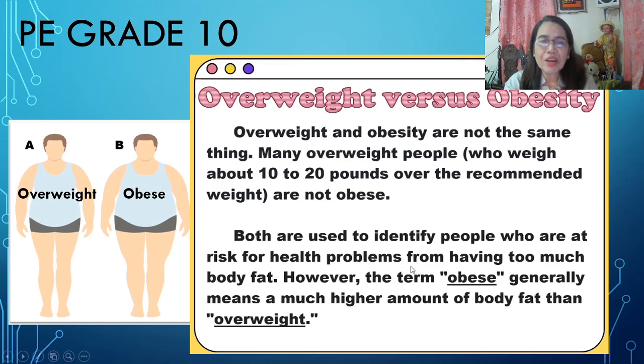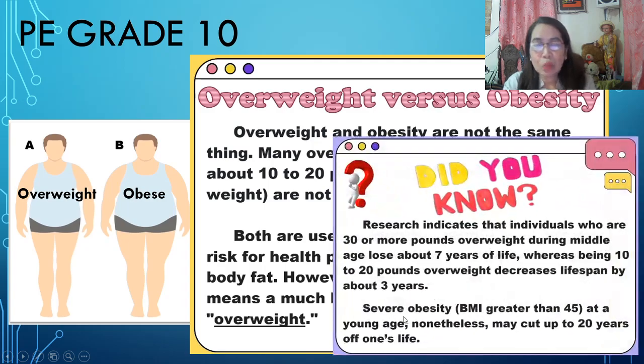But both are used to identify people who are at risk for health problems from having too much body fat. However, the term obese generally means a much higher amount of body fat than overweight. So obese is heavier than overweight. So, do you want to be overweight or obese?